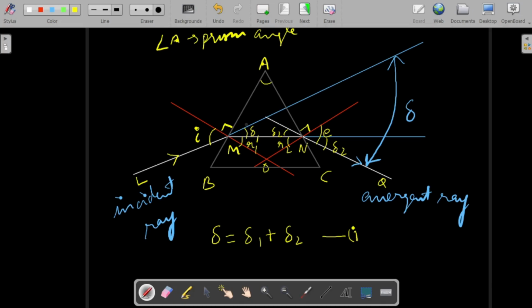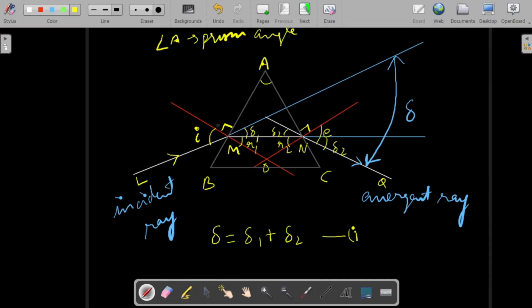So to find that, let us see this quadrilateral AMON. In it, we will see that angle M is 90 degrees. Why? Because it is made by this red line, which is at 90 degrees, placed at surface AB.